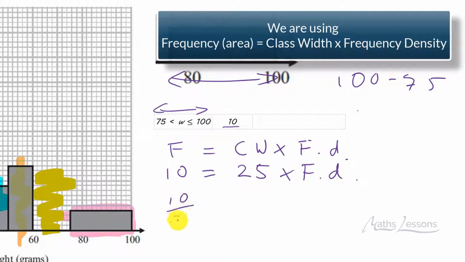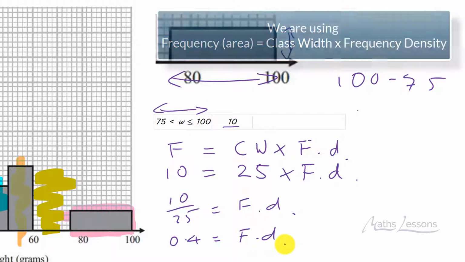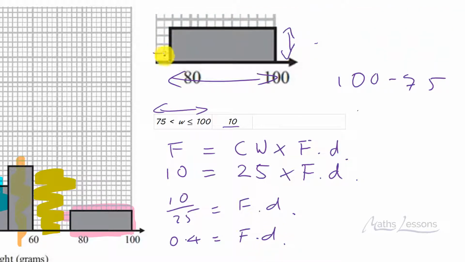So 10 divided by 25 equals the frequency density. So that is 0.4, which suits our scale nicely, because if you notice you've got 1, 2, 3, 4 little squares, so each one is going to be 0.1 high, and the height of our bar is 0.4. So I can fill in that bar there for the frequency density of 0.4.